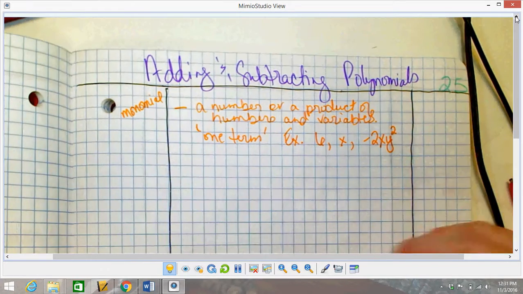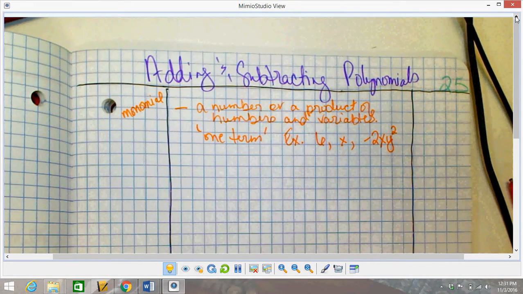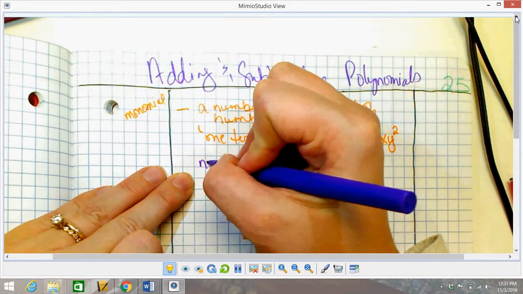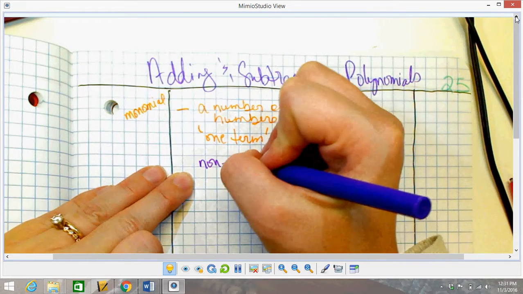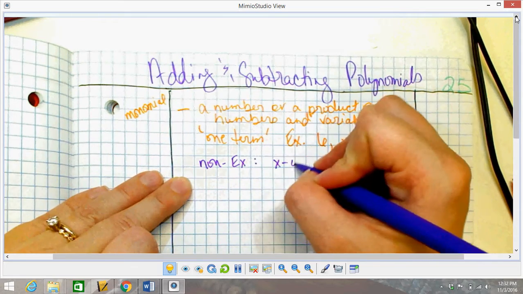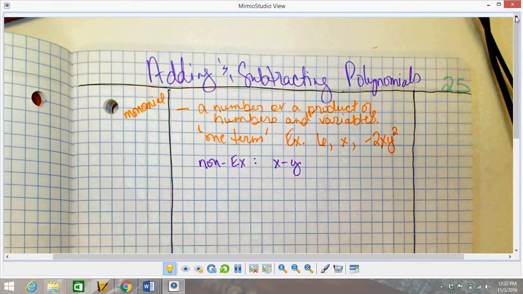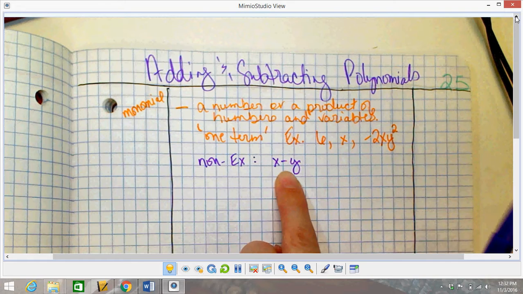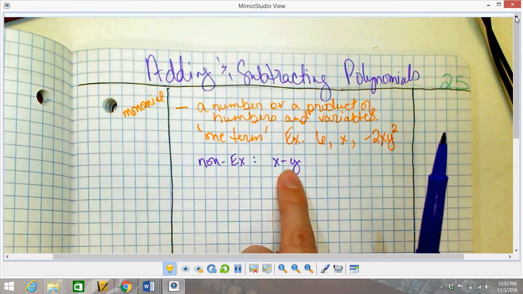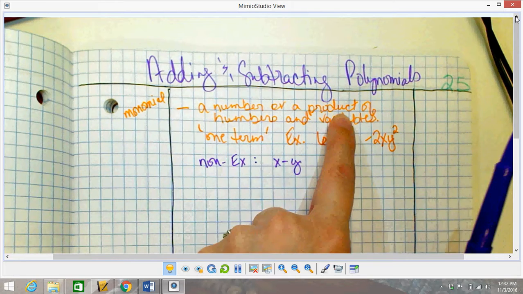Let's make sure we do a non-example. So a non-example, something that is not a monomial, would be x minus y. Because notice what operator is in between the x and the y? Subtraction.